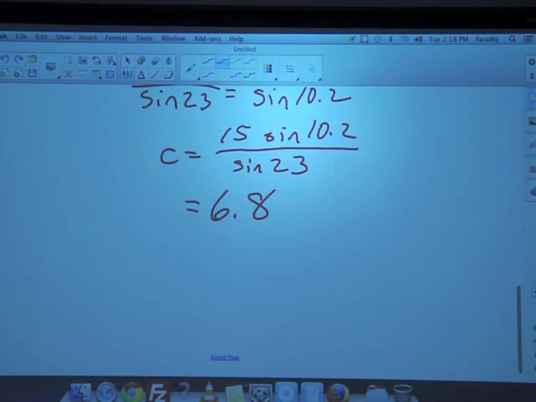So those are the sines: A over sine A, B over sine B, C over sine C. And again, in order to be a sine problem, you have to have an angle side pair.